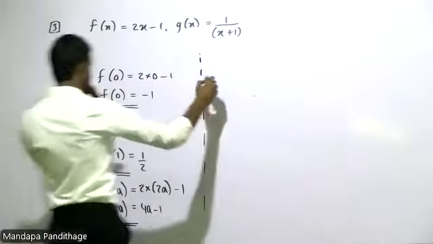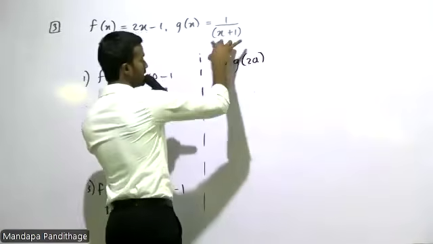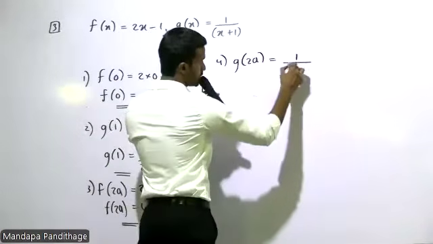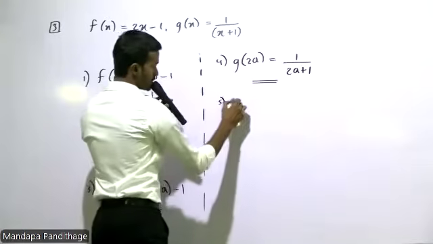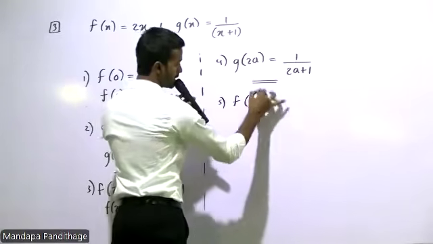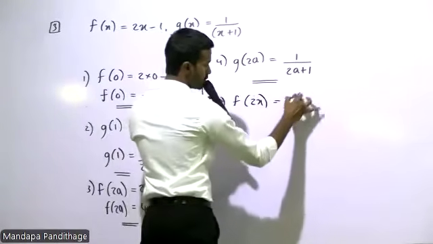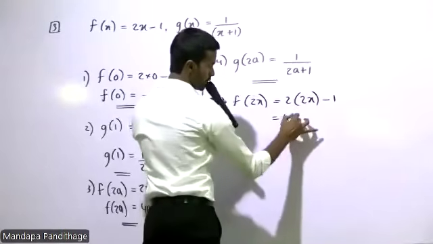So what is g2a? Here replace x by 2a. So it's 1 over 2a plus 1. There's no difference between 2a and 2x. So what is f2x? 2 into 2x minus 1, which is 4x minus 1.